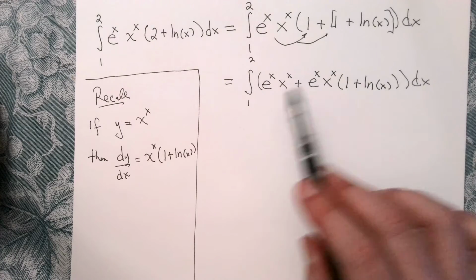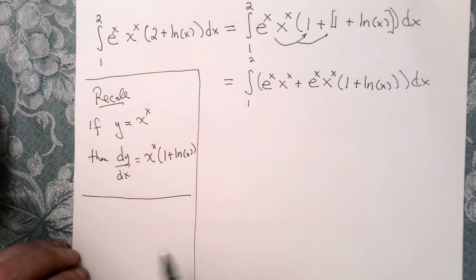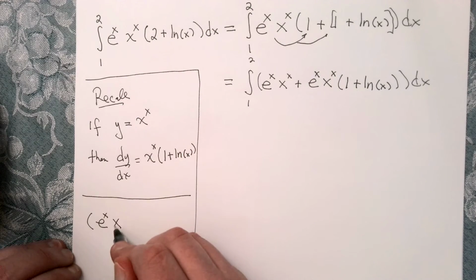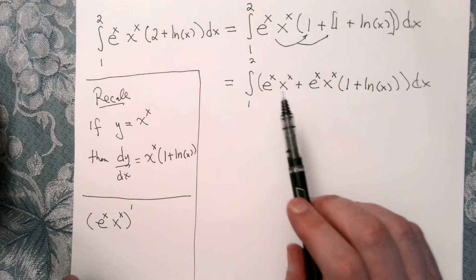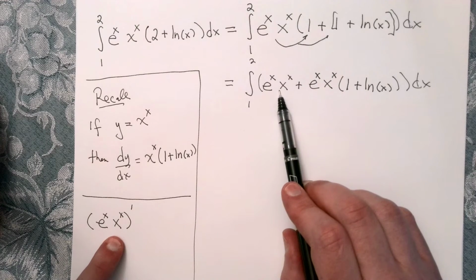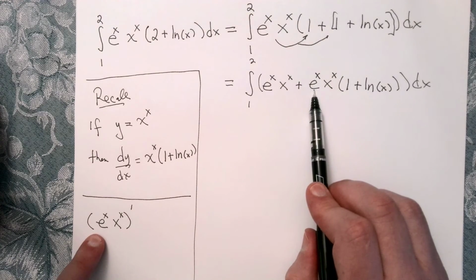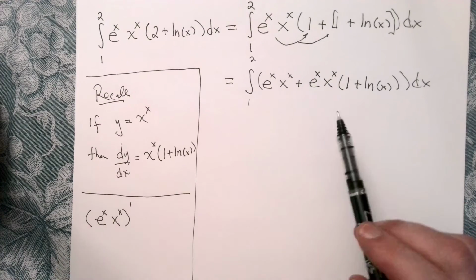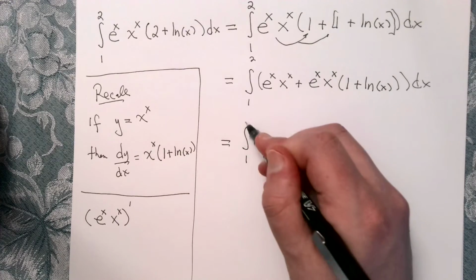So if I think about this in the realm of the product rule, you realize we have the following, right? We have the derivative of the first times the plain old second, plus the plain old first times the derivative of the second. So that's actually like an expanded product rule. So I can write it in the following way.